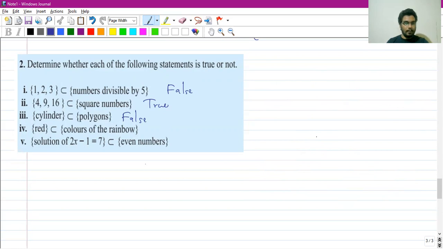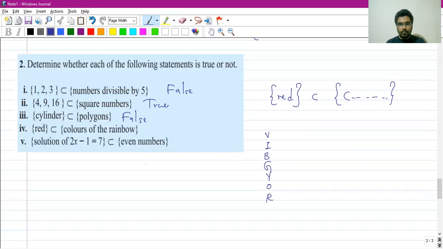Next one, red, colors of the rainbow. I think you know the colors of the rainbow. Can you tell me VIBGYOR? In this rainbow there are 7 colors: 1, 2, 3, 4, 5, 6, 7.